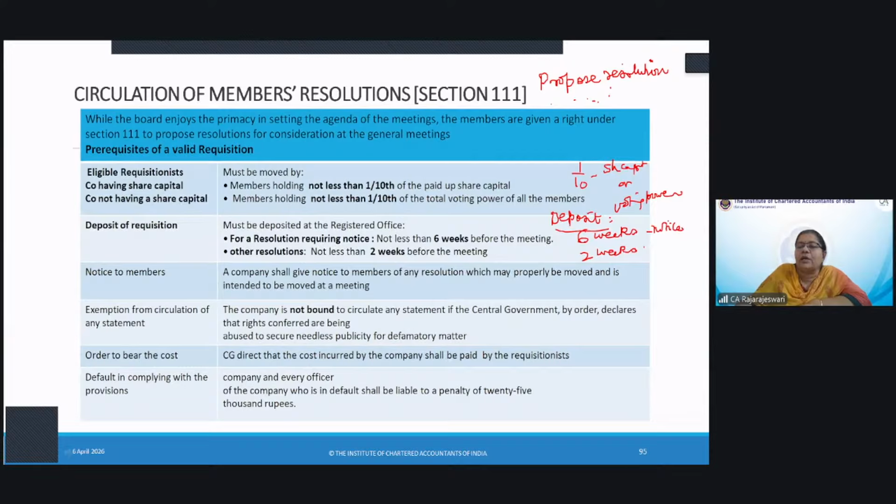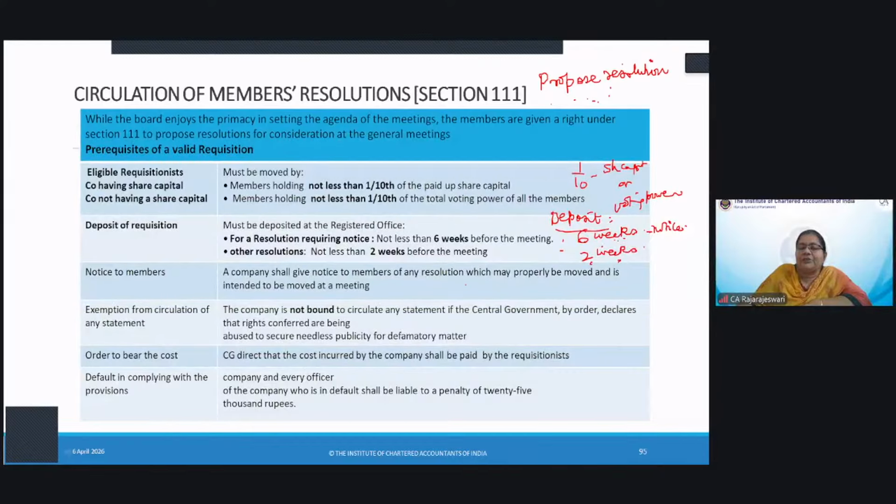You have to attach a separate notice along with the resolution. That you call a resolution requiring notice. For those resolutions, if you as a member want to propose a resolution, you should have to deposit it 6 weeks before the meeting. For normal cases, for other resolutions, it is enough if you deposit just 2 weeks before the meeting. That is enough.